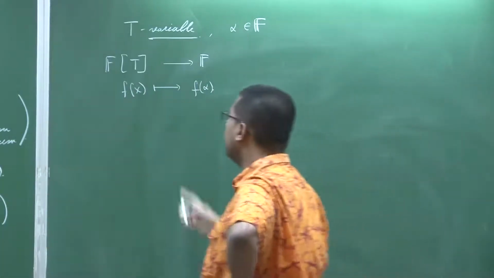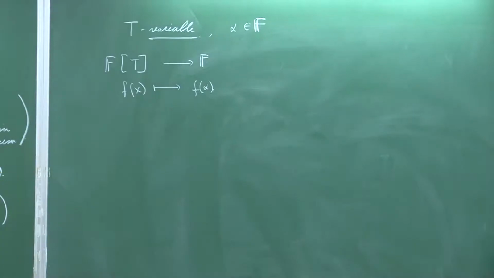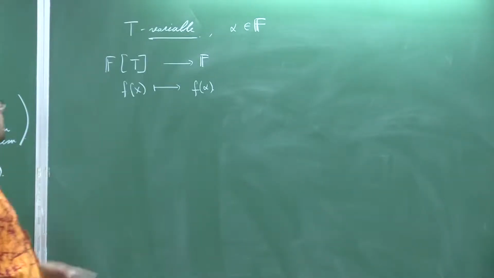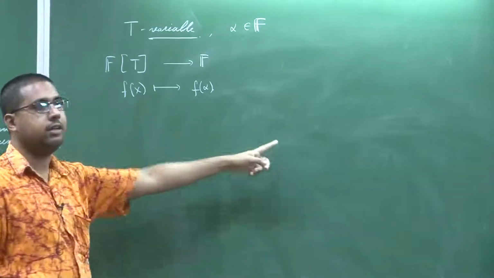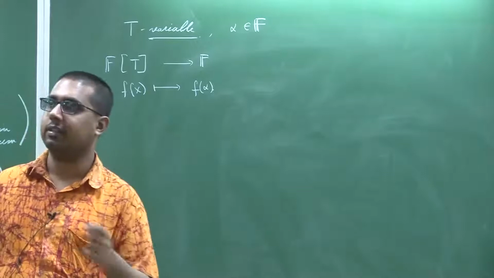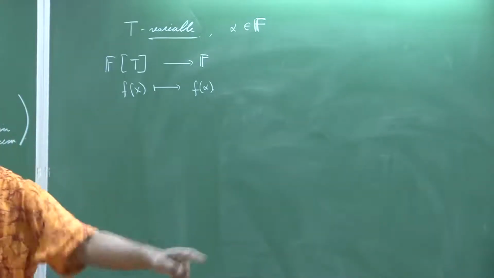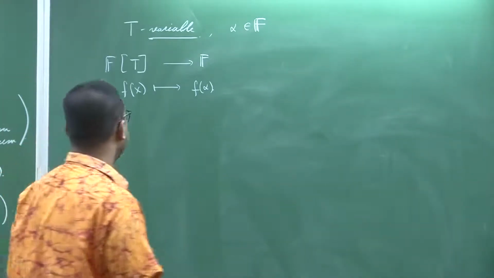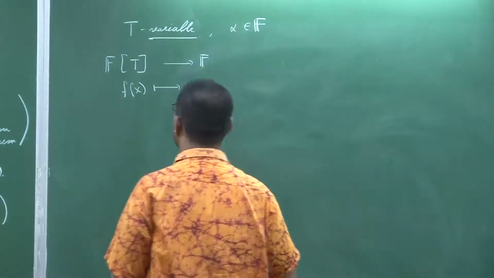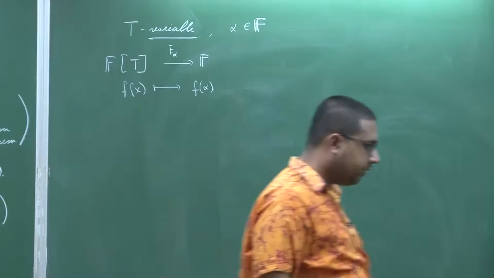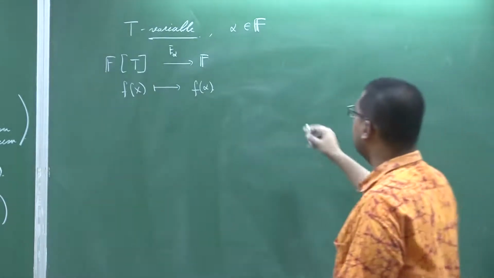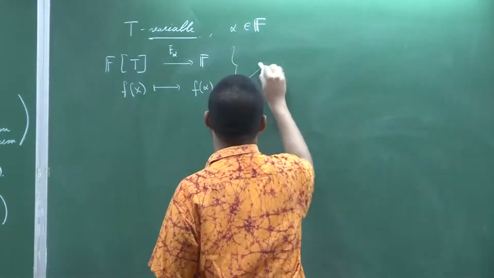So you can easily see it is a linear transformation, because if you add two polynomials and then evaluate at the point alpha, that is the same as evaluating them individually at alpha and then adding them, and similarly for scalar multiplication. So we usually call it evaluation at alpha. So this is a linear transformation.